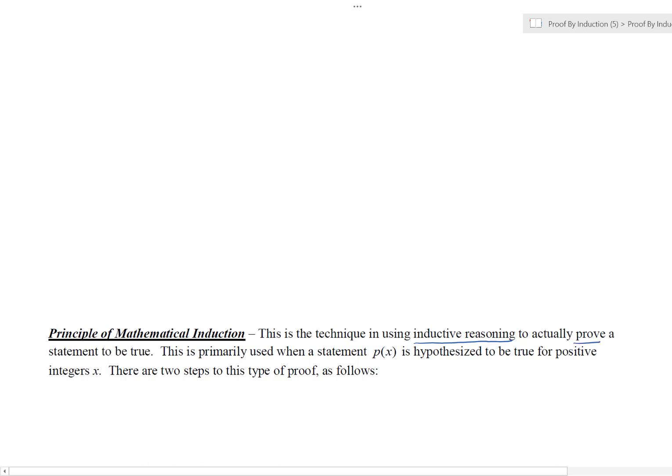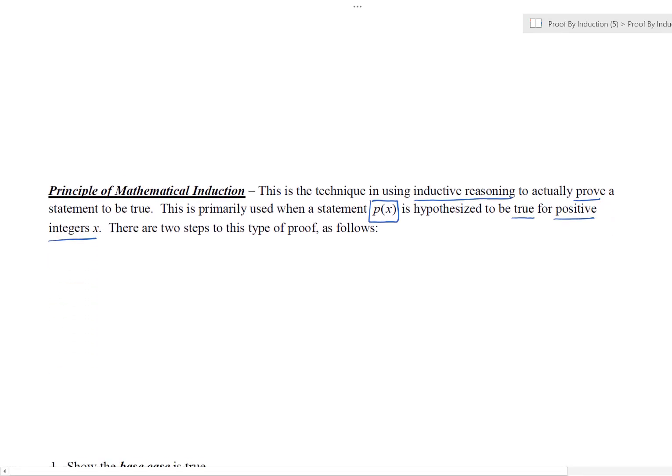And we're going to primarily use this when we have some type of statement, say P of X, either true or false, and we hypothesize whether or not that statement is true for all positive integers X. So there's two steps to this. Just make sure this is for a situation in which we have a statement and we are claiming that it is true for all positive integers X. That's when we use this.